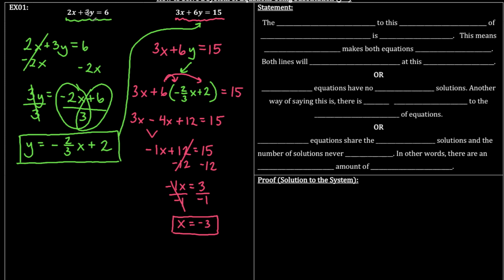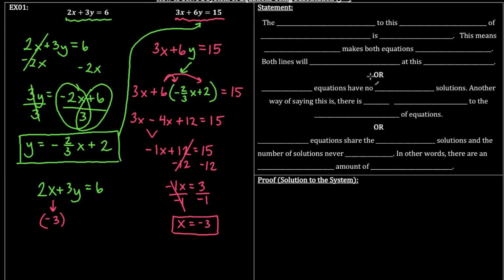I'm going to use this equation. I don't know, I like it. So 2x plus 3y equals 6. And for the x, I'm going to substitute in negative 3.